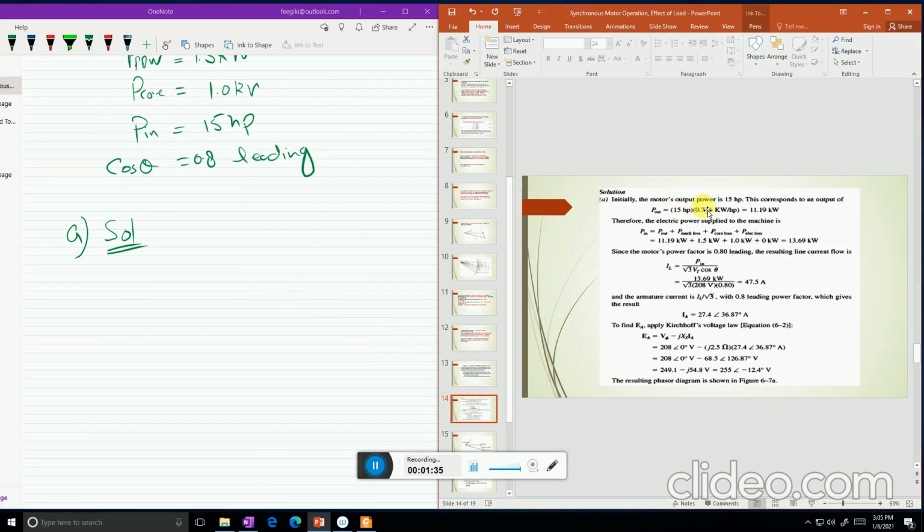Initially the motor output power is 15 horsepower.